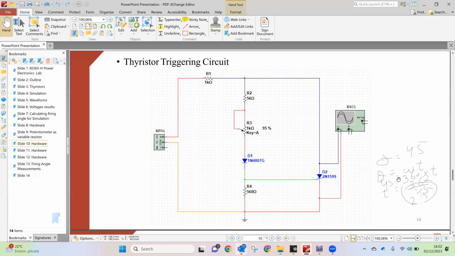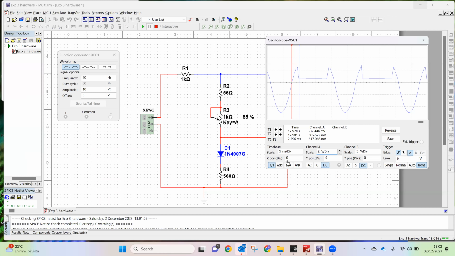So we have alpha equals omega t, where omega is 2 pi. 2 pi in degrees is 360, multiplied by 50, where 50 is the frequency, multiplied by this delta t, which for 85% is 2.296.